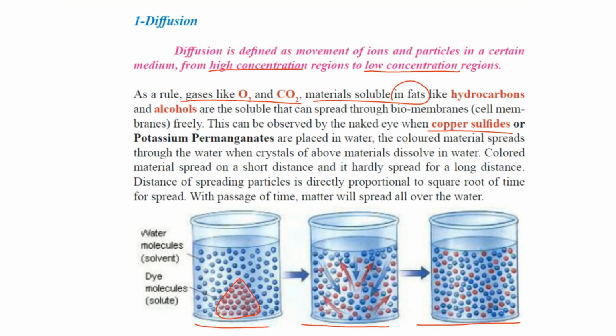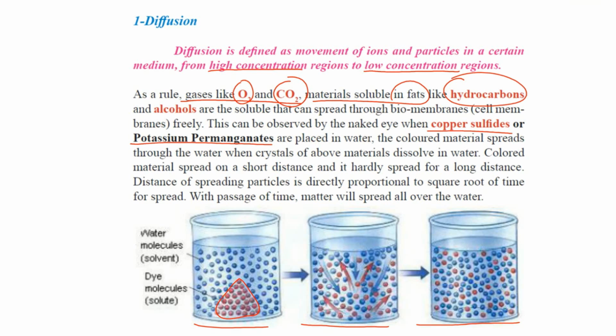Copper sulfide and potassium permanganate are examples of materials whose diffusion can be observed easily in water. We need these names because a question can be asked as fill in the blanks: O2, CO2 and hydrocarbons are examples of materials which can pass through the plasma membrane easily, but copper sulfide and potassium permanganate are examples for diffusion to be observed easily.